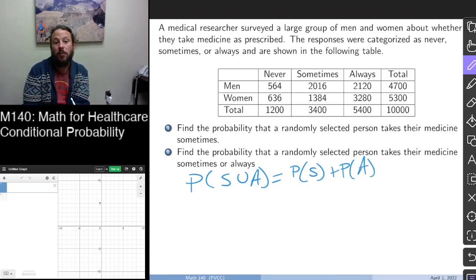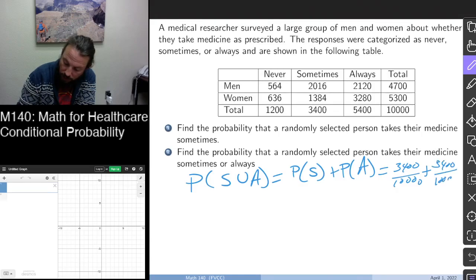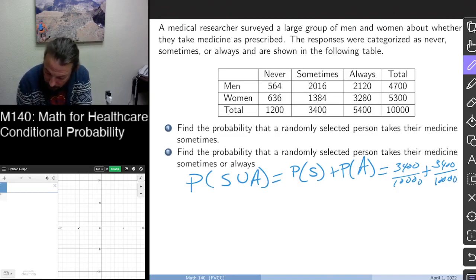Why? Because sometimes and always are mutually exclusive events. You can't be in both of those, and so the intersection is empty. This is 3,400 over 10,000 plus always, which is 5,400 over 10,000, and that's going to be 0.88. Okay, good.